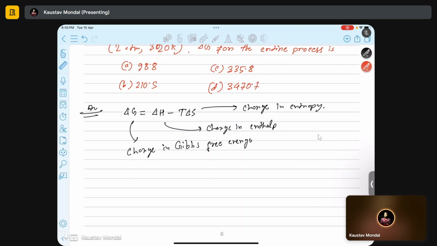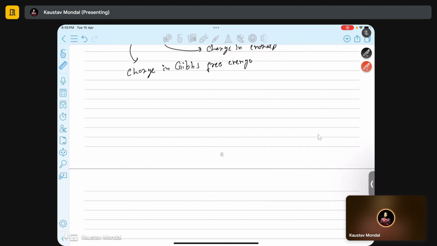So how can you do that? Let's start by computing delta H. H is U plus PV. Now for an ideal gas, U is the internal energy, and PV is simply pressure and volume.